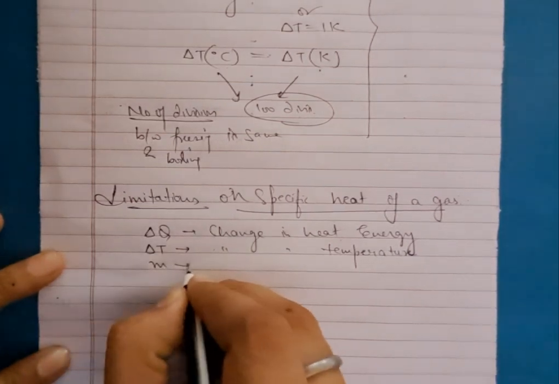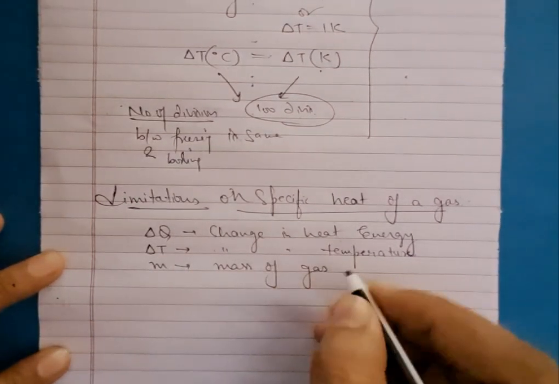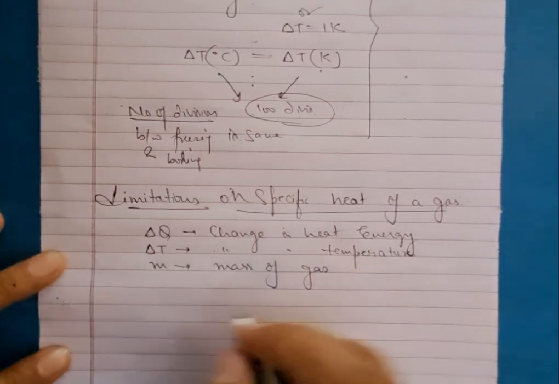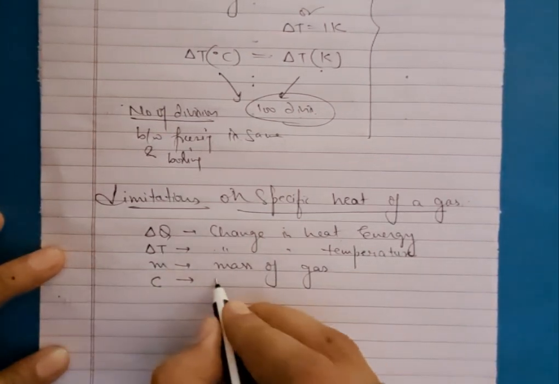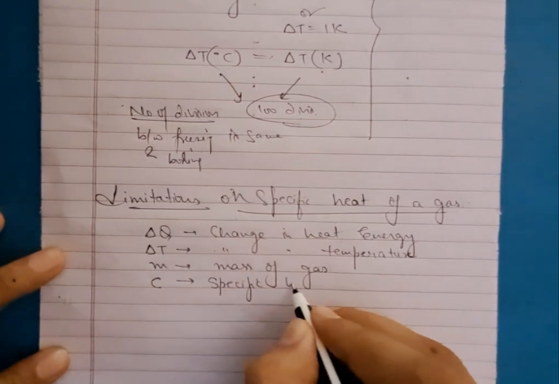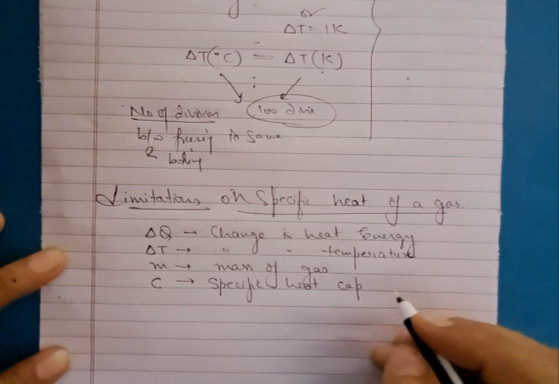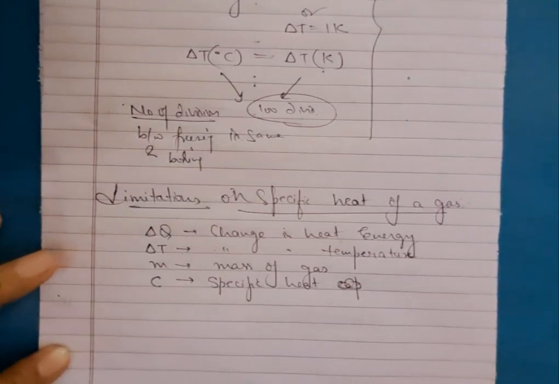Let m be the mass of the gas and C the specific heat capacity, or specific heat.